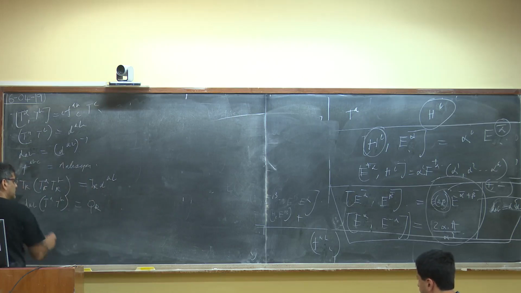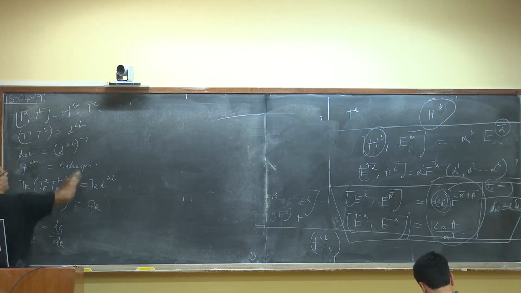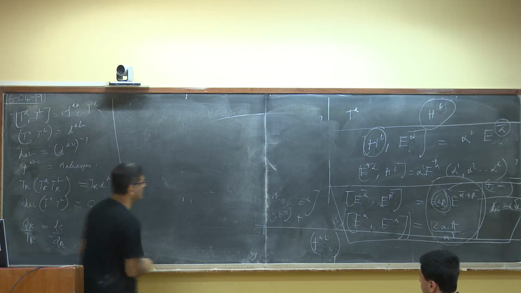And then we had the Dynkin index identity, which was, can somebody remind me, Q_R divided by T_R? Dim G divided by dim R. Okay, excellent.